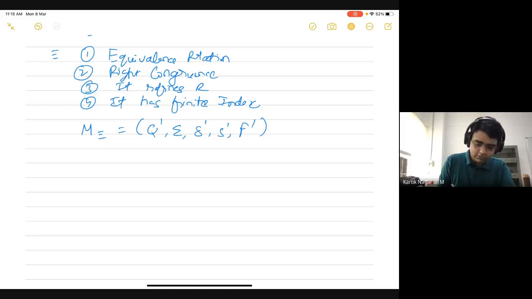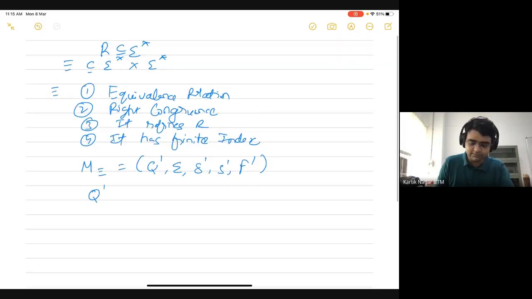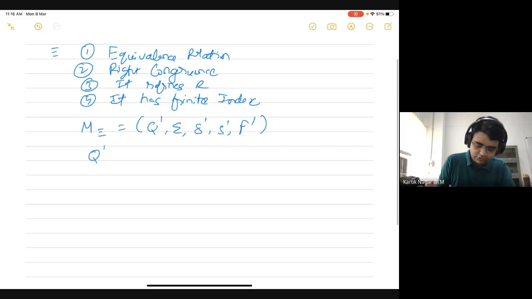What should be the state space of this DFA? We want the language of this DFA to be the set R, and we want to define this DFA based on this particular equivalence relation. So what should be the state space of this DFA? Any suggestions?